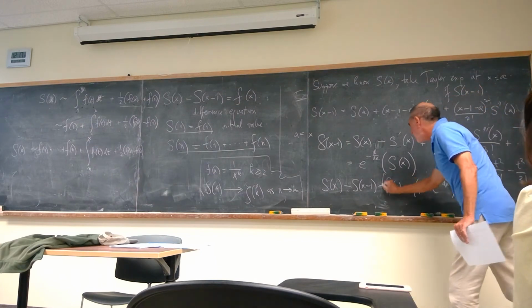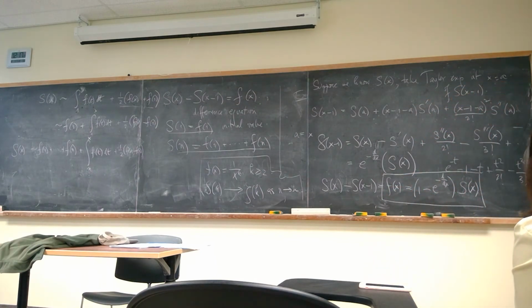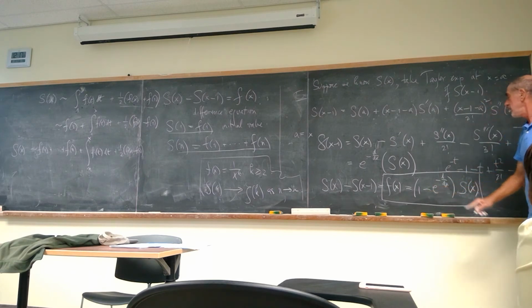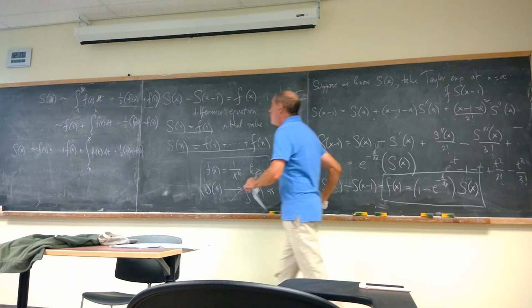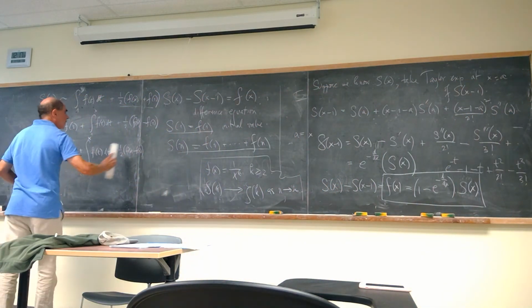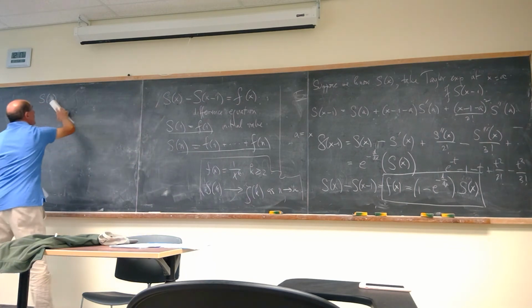So if we had the function s of x, we'd get the function f of x back by applying this operator to it. So Euler said, well, let's just reverse that process. We're given the function f of x. Let's revert this to get the function s of x.